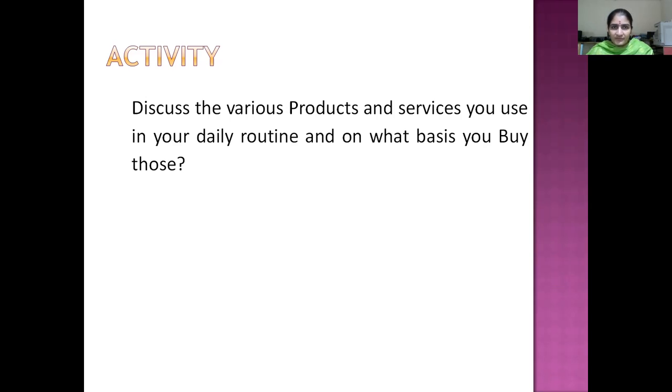After that, we go for breakfast. In the breakfast also we may use some packed items, or some other items. What are we using, what is the brand of that product, and from where have you purchased it? Likewise, in our day-to-day activity, what kind of products and services are we using? Discuss that, and on what basis you purchased it. What was the criteria for purchasing that product?